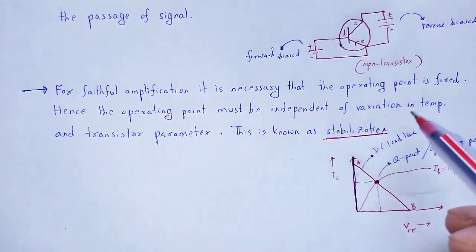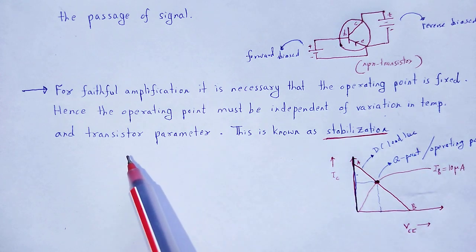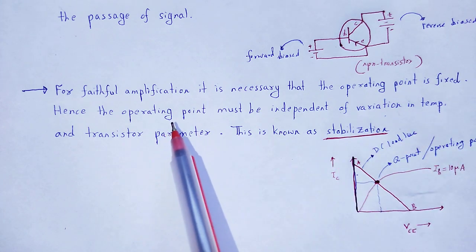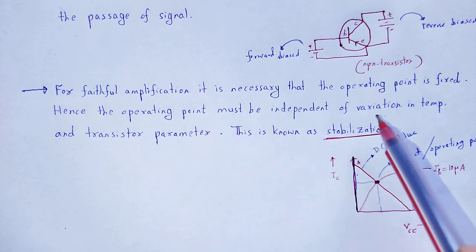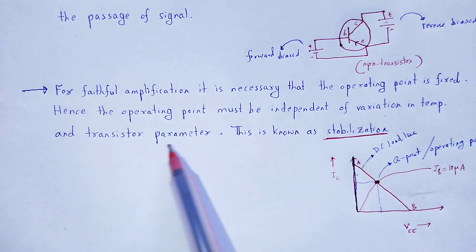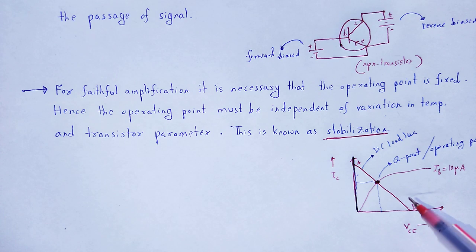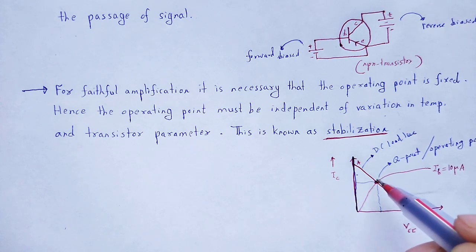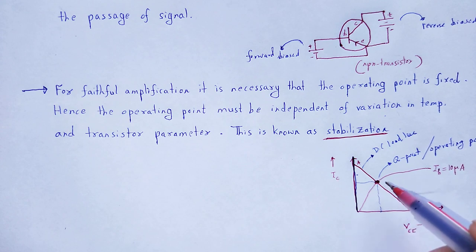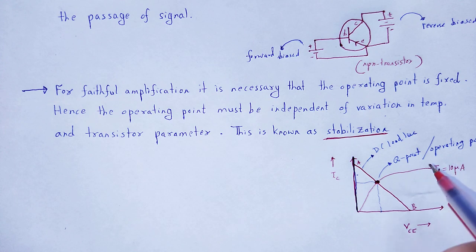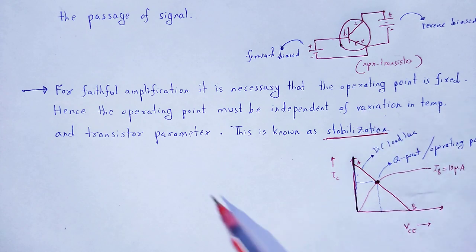Why do we write that the operating point must be independent of variation in temperature and transistor parameter? If any variation occurs in the operating point, or the operating point fluctuates, it means the transistor does not work properly, and that fluctuation in the Q point occurs when temperature varies or transistor parameters vary.